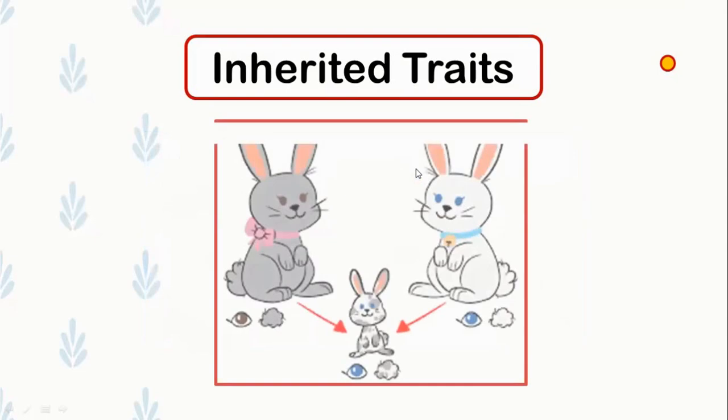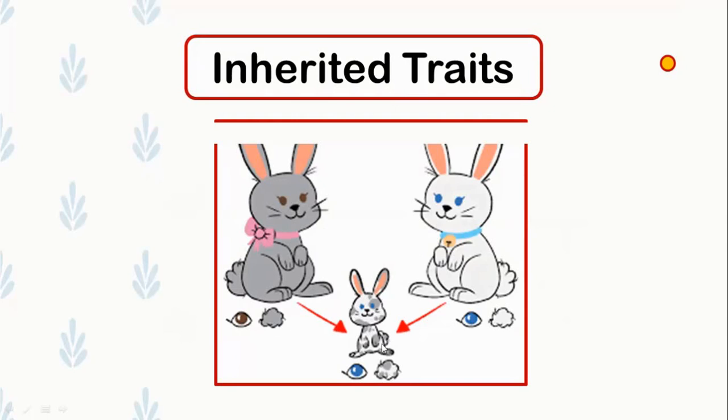Let's have another example with these two rabbits. Over here, the mother rabbit has brown eyes and gray fur, and the father has blue eyes and white fur. So the baby rabbit, or the offspring, got a mix of inherited traits from both parents.